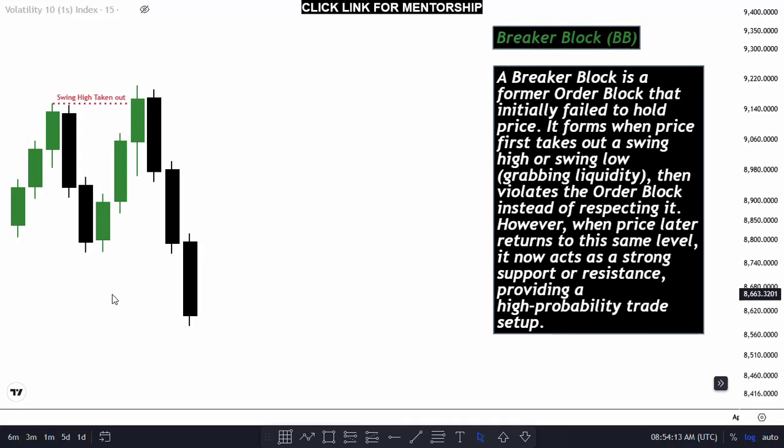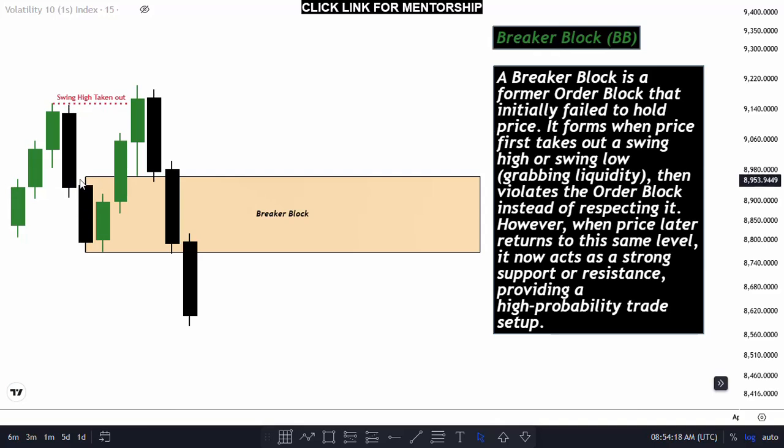Once that happens, you can mark that as your breaker block. What you're expecting is for price to go back into that breaker block and respect it. So you can now go down to the lower time frame and start looking for a sell setup.